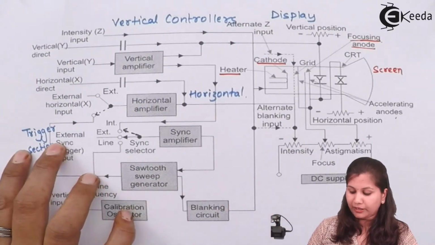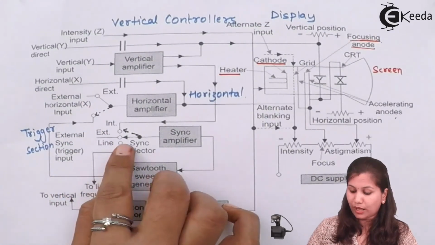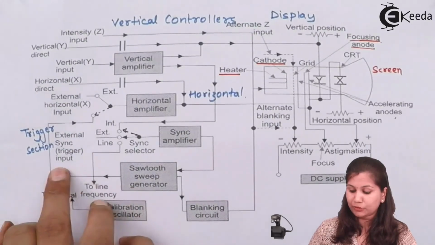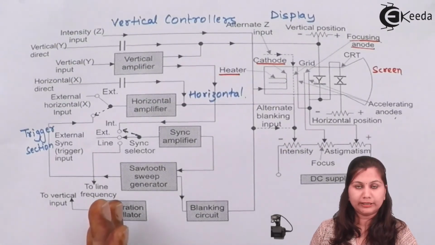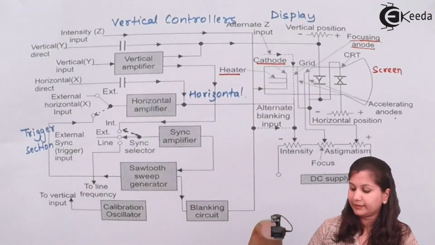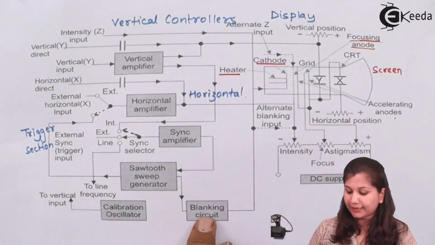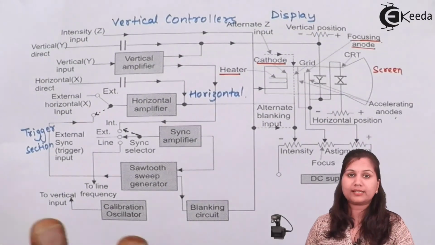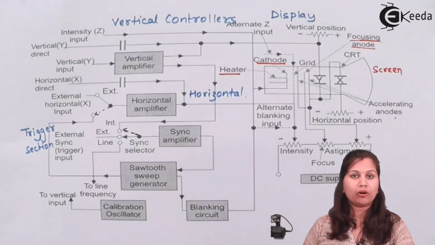In the triggering part, we studied how the various types of sweeps are generated and the various types of synchronization between the vertical input and the horizontal input. After that, we studied some external controllers like the intensity control, focus control, astigmatism, blanking circuit, and the calibration circuit. So that covers the complete block diagram of the cathode ray oscilloscope or CRO.